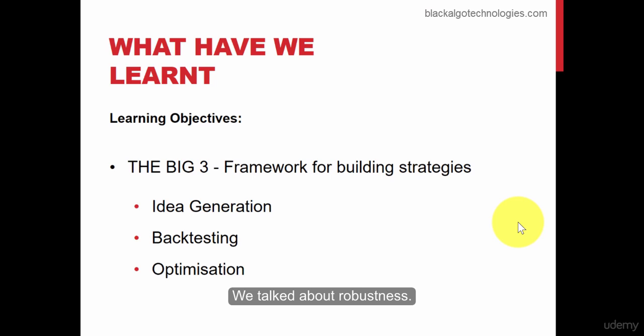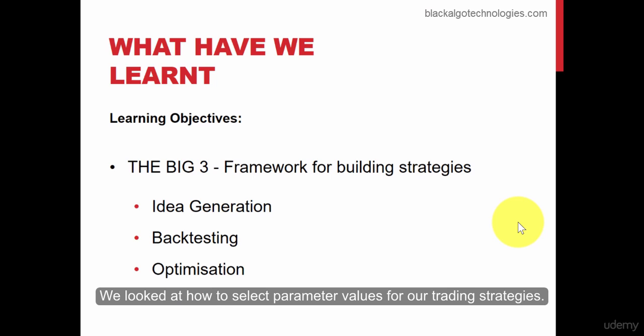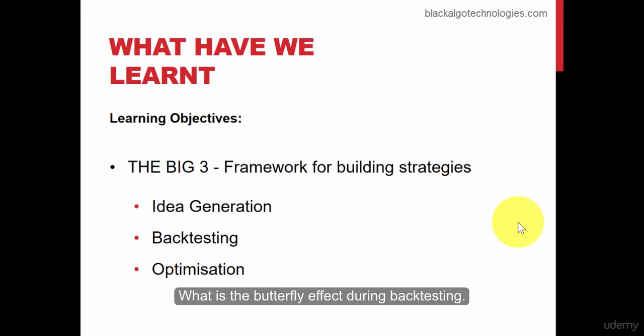We talked about robustness, 4 types of robustness in our backtesting chapter: time frame robustness, period robustness, instrument robustness, and seasonal robustness. We looked at how to select parameter values for our trading strategy. What is the butterfly effect during backtesting? And how do we validate or grade our strategies? How do we know if they pass or fail the backtesting phase?